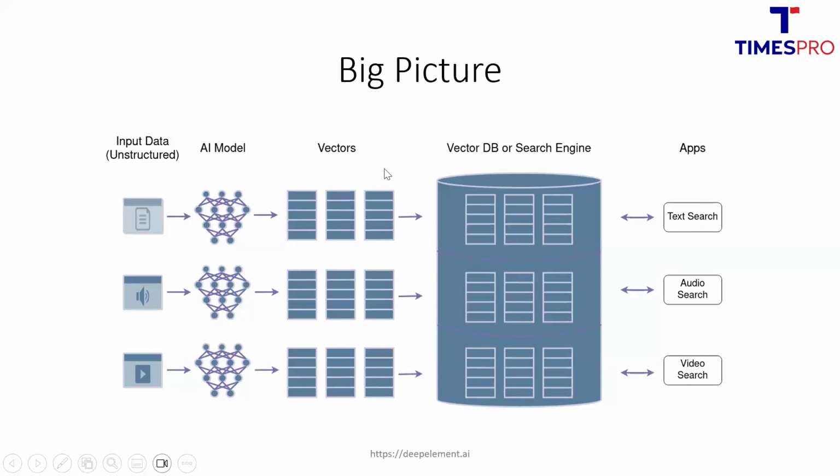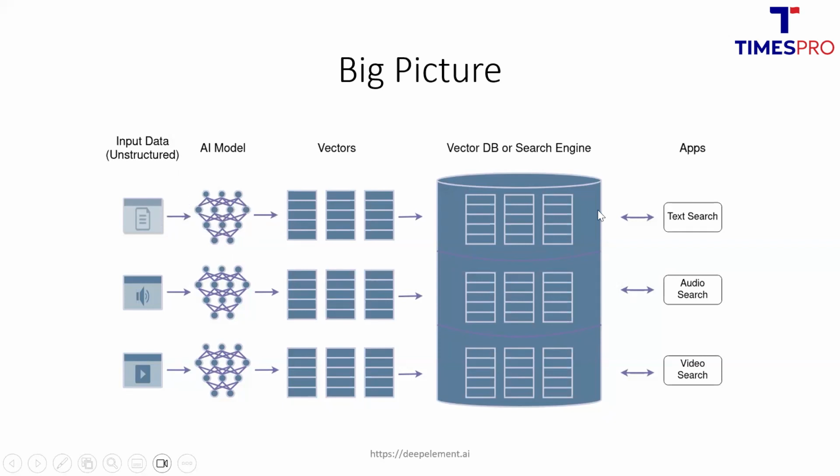Once you have converted all that data into vector form, you select a vector search engine and dump all the data into that vector search engine. Finally, this vector database acts like the knowledge base for that particular application. You can build many applications on top of it. For example, if you want to do a text search, when a user enters a query on the text search app, the app makes use of the same AI model that was used to convert text into vectors.